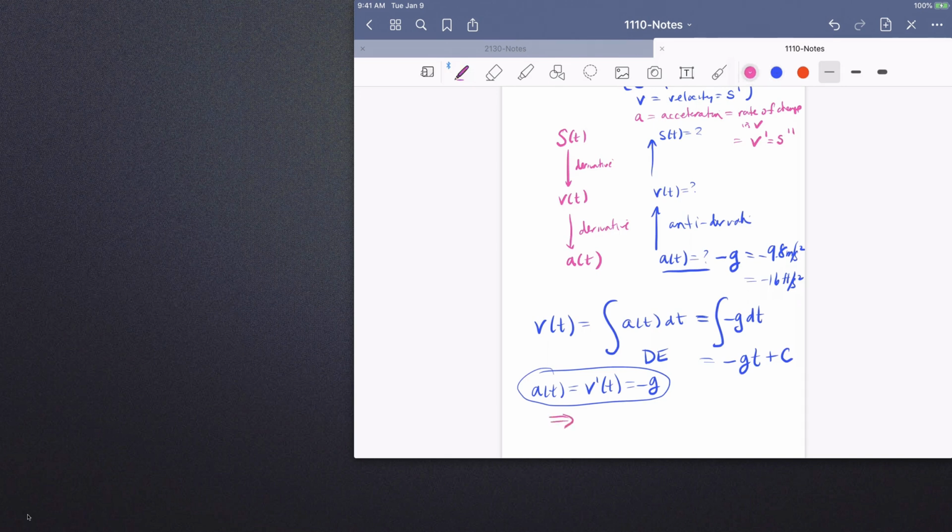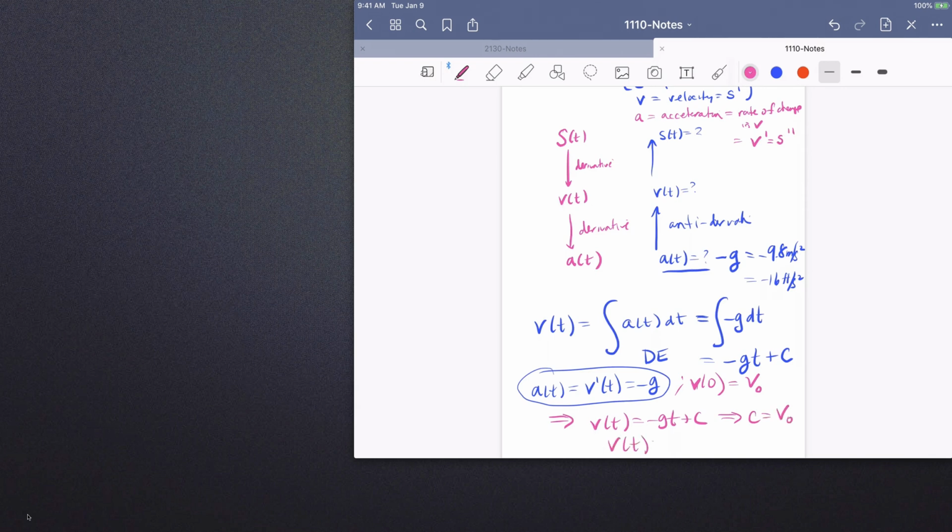This will tell us that the velocity is found by negative gt plus a constant. And if we know information about the velocity at time zero, let's say the velocity at time zero is given by the initial velocity v subscripted with 0, this will tell us that the constant c is equal to v sub 0.